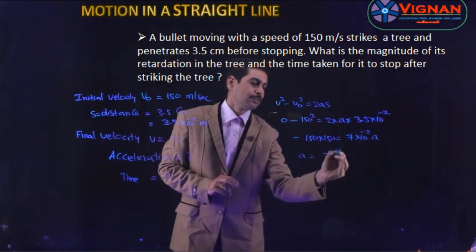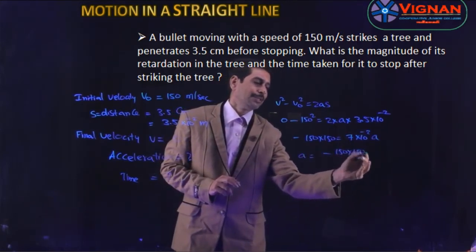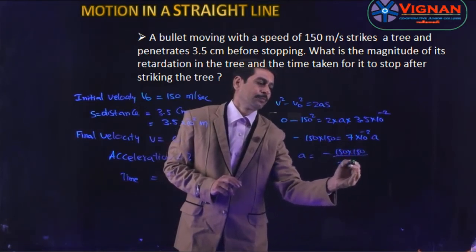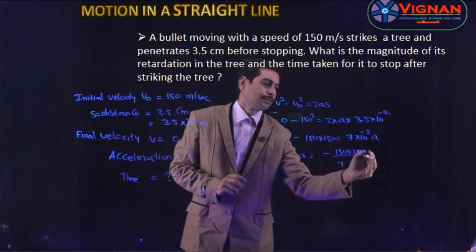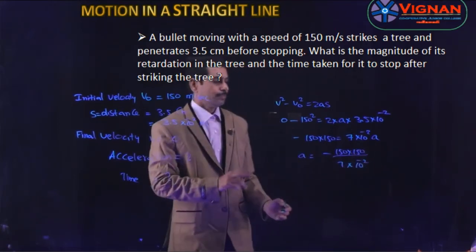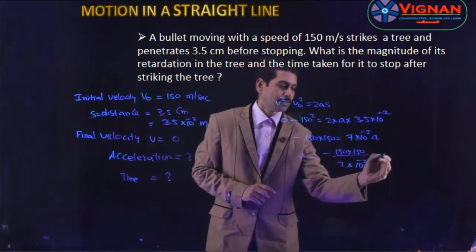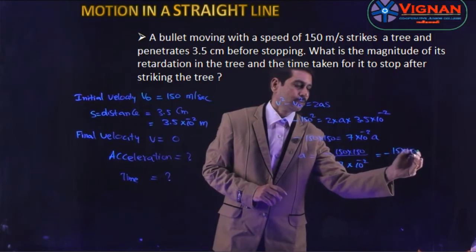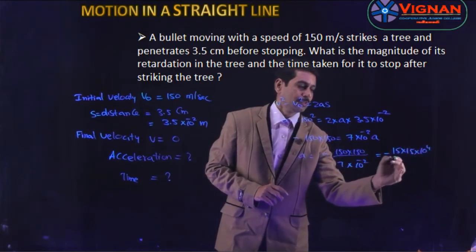So you get a is equal to minus 150 into 150 divided by 7 into 10 power minus 2. If we bring this 10 power minus 2 upwards, it becomes minus 15 into 10 power 4 divided by 7.